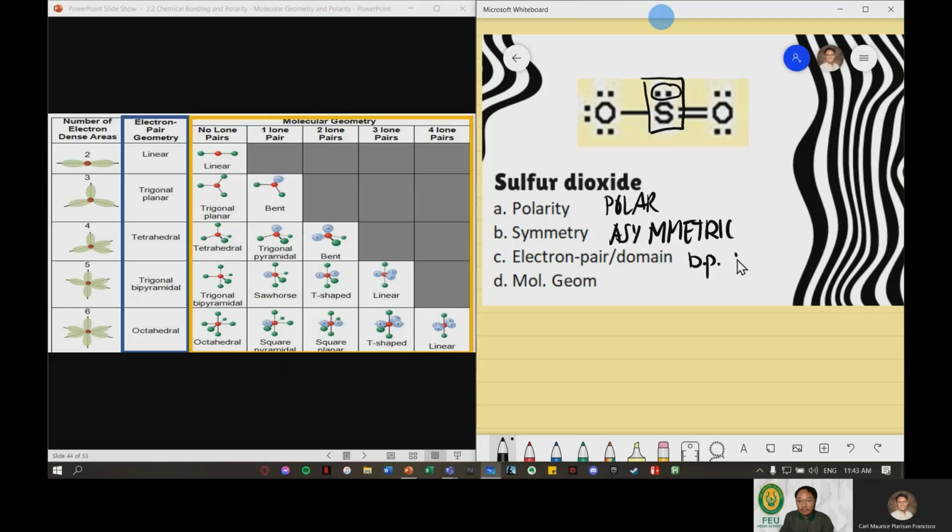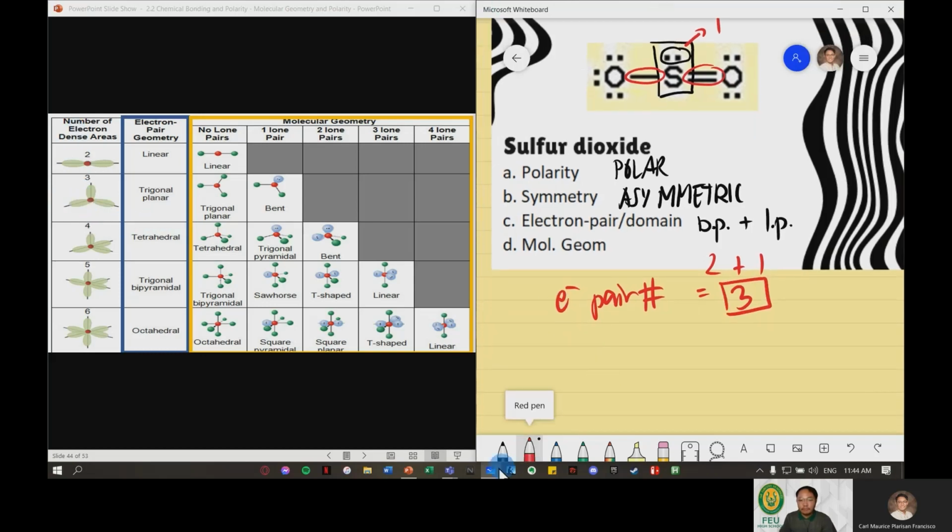Next, bonding pair plus lone pair: 1, 2. Remember, even if you see a double bond, it counts as one pair. So you have here 2 bonding pair plus 1 lone pair. So your E pair number is 3. So 3, trigonal planar.